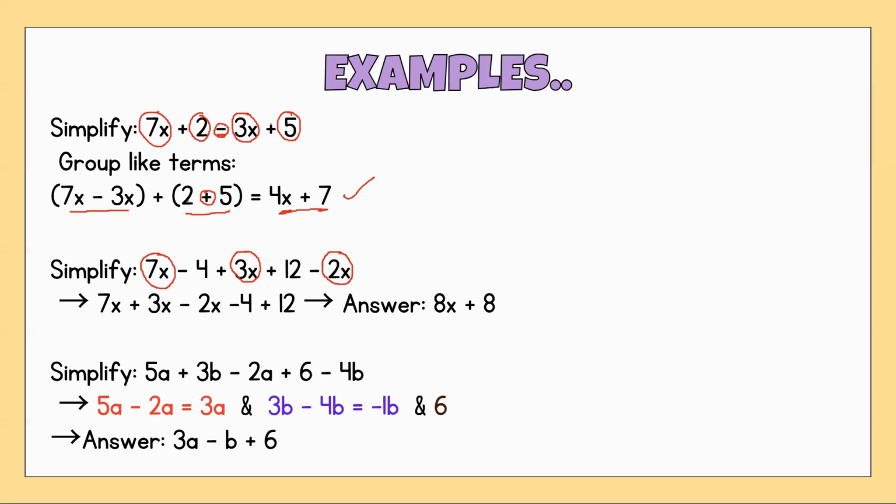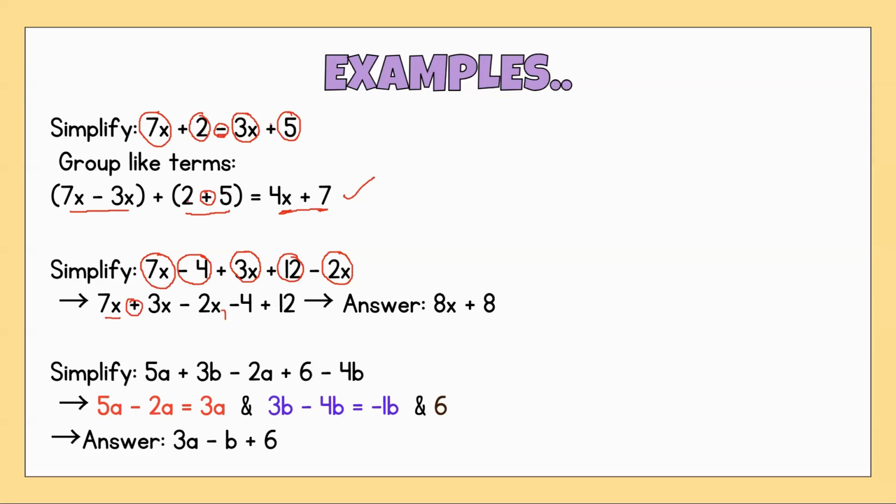So we have 7x, 3x and 2x here because they're like terms, and it's 7x plus 3x because there is a plus sign in front of 3x, minus 2x because there's a minus sign in front of 2x. That is a whole group and another group is minus 4 plus 12. That is another group.